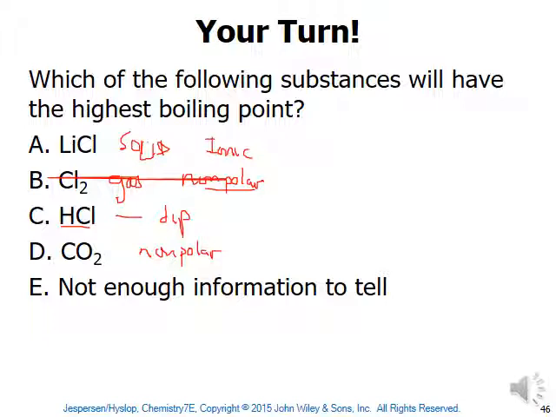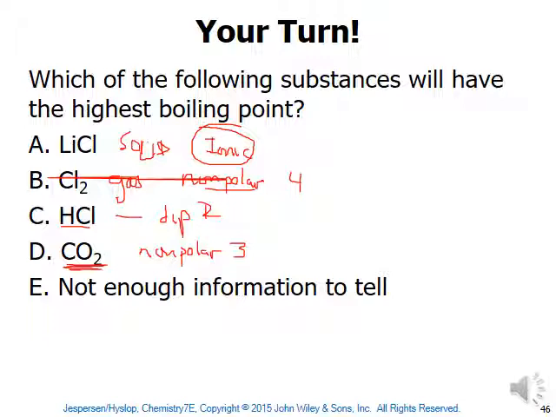If you have a lot of carbon dioxide, they would be held together by London dispersion forces. So which one of these interactions is the strongest? Ionic. So this one is going to have the highest boiling point. This one would be second, this one would probably be third, and this one would probably be fourth. How do I know that? The more you know about carbon dioxide.